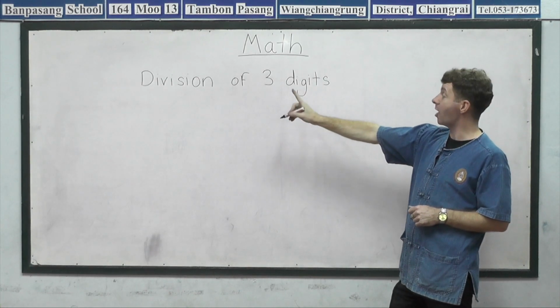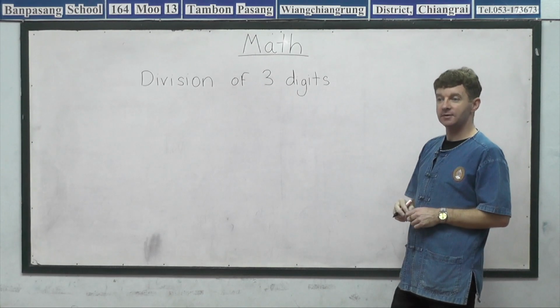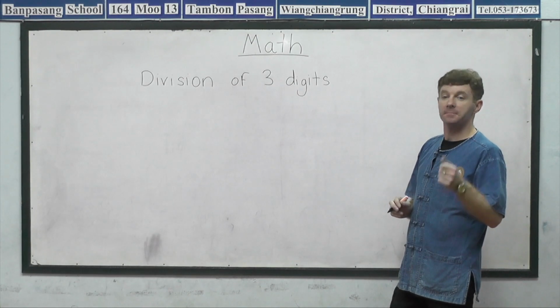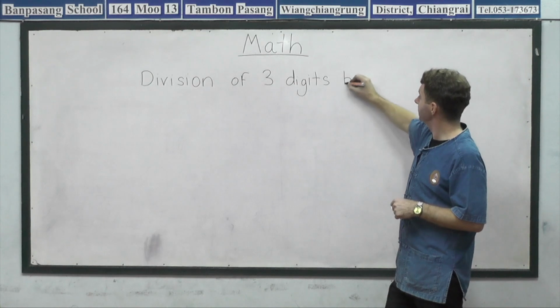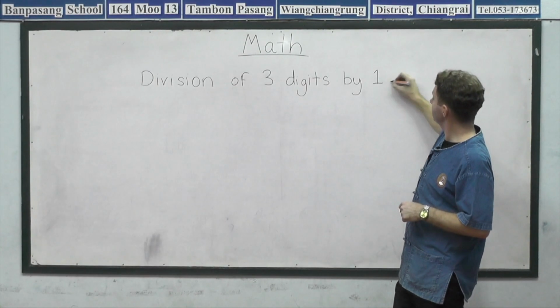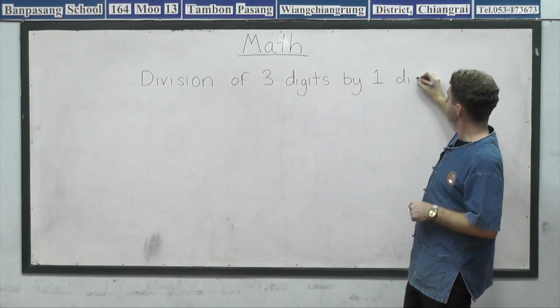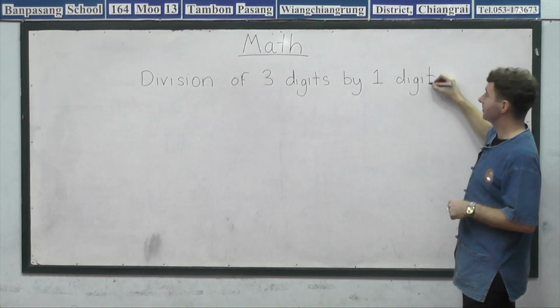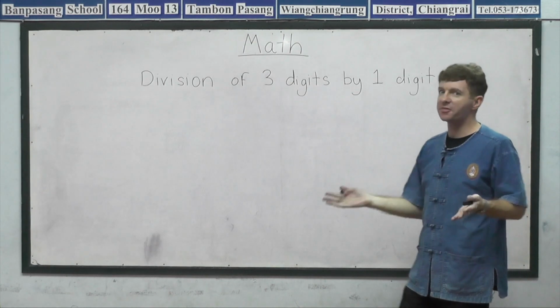Division of 3 digits by 1 digit. But what method did we use?